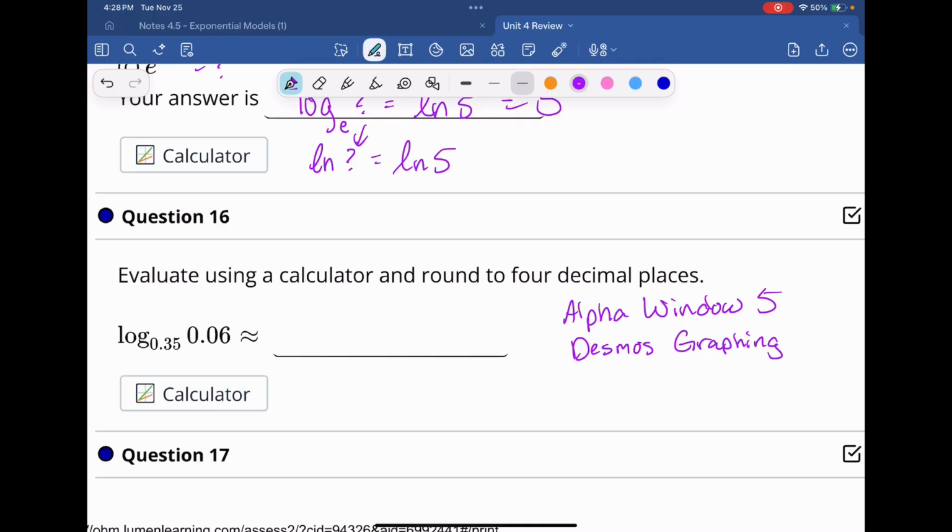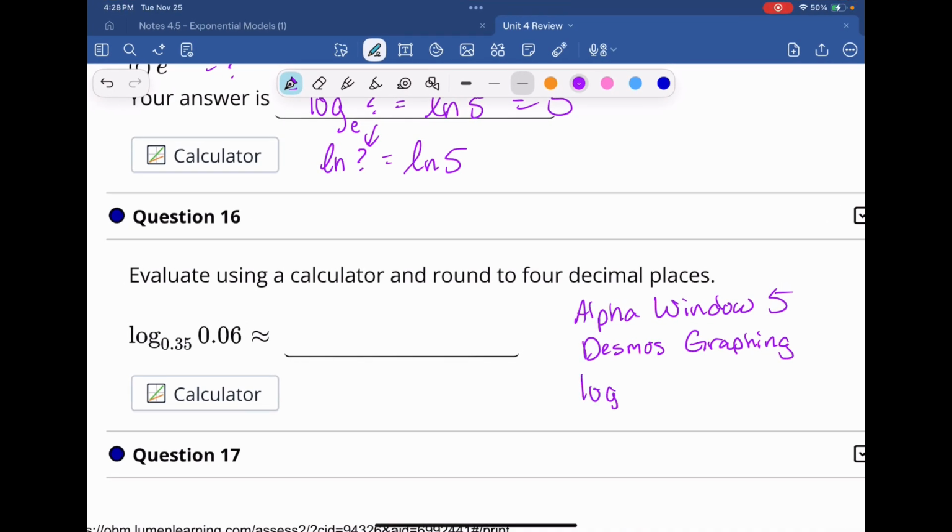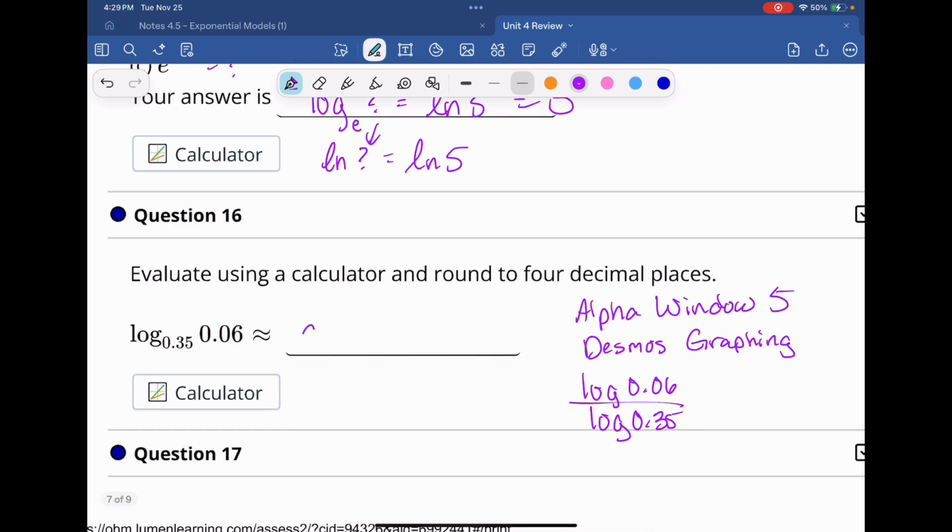If you use Desmos scientific or any other calculator, you have to use change of base: common log, which is log 10 of the big number, divided by common log of the little number. I'm going to use alpha window 5 because it's quicker, and round to 4 decimal places.